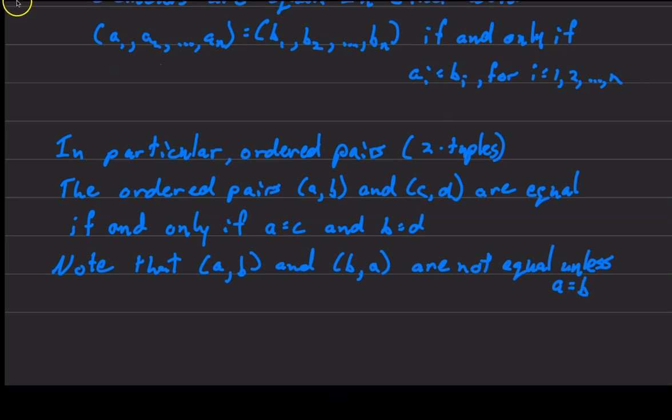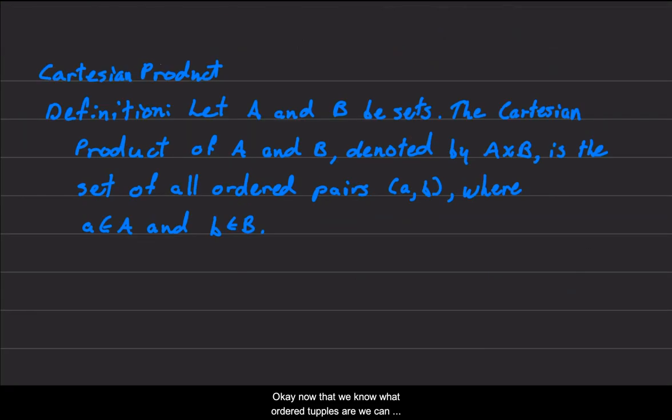All right. Okay, now that we know what ordered tuples are, we can talk about a Cartesian product. Leads us to a new definition where we'll say, let A and B be sets. The Cartesian product of A and B, denoted by A×B, it's like a multiplication sign there, is the set of all ordered pairs (a, b), where a is in set A and b is in set B. Notice this is all possible combinations of how you can combine these ordered pairs together.